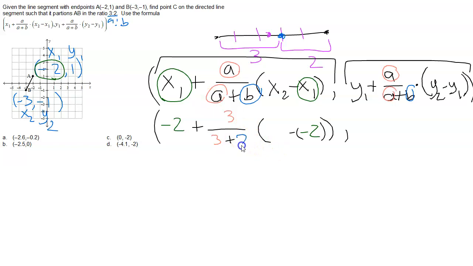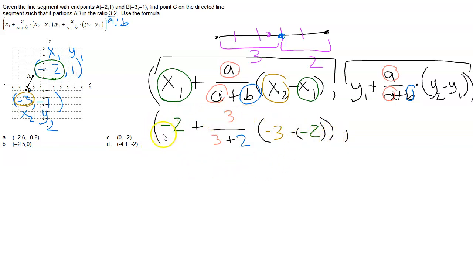B is 2, so we'd have a 2 here. And then x2 is the x value of the second coordinate. A common mistake, since we're working in this first part of the formula, is to say, oh, I'm going to use the 1. We want it to come from the same coordinate, but it actually comes from the other coordinate. So now we have -2 plus 3 over 3 plus 2, times parentheses, -3 minus -2, end parenthesis.